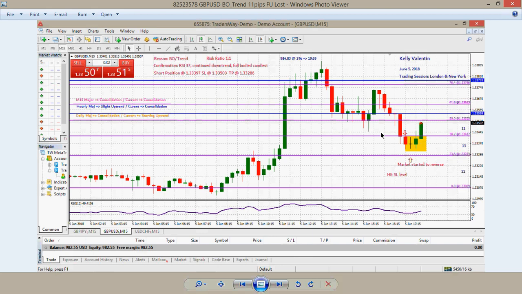So I guess my review on this trade was that maybe I should have followed my instincts and exited the trade manually when this long-legged doji appeared, and then when this candlestick started to form, because at that point I would not have lost anything. I would have gained just a couple of pips instead of it actually hitting my stop loss and me losing out totally. So those are the two trades that I wanted to review for this video.